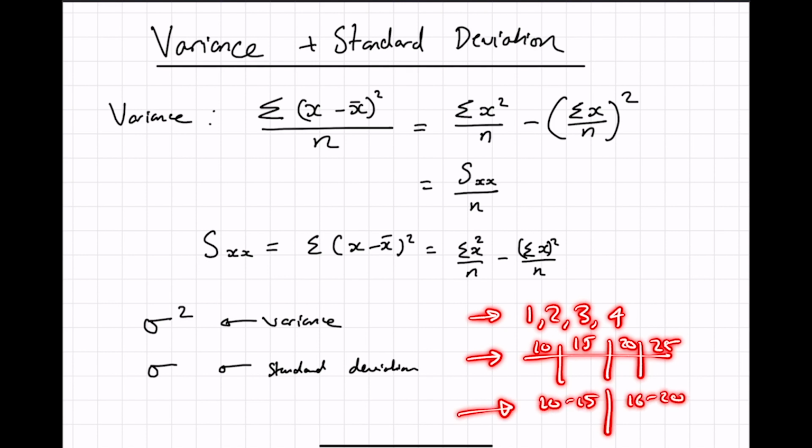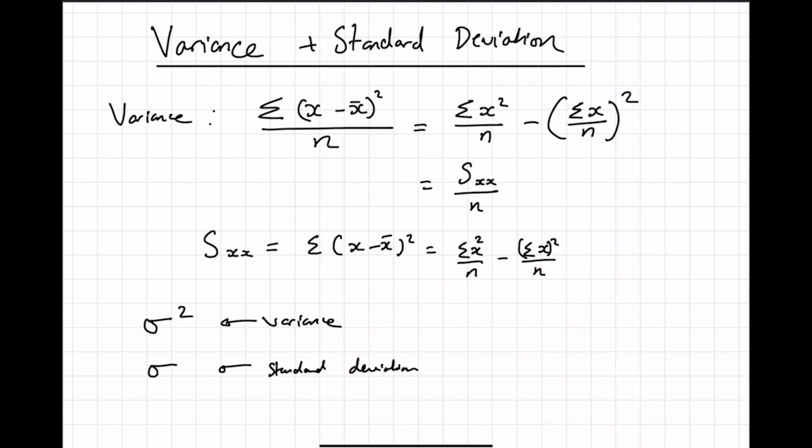So I'll give you these 3 examples for how to find the variance and the standard deviation. Hopefully that will get you a lot more familiar with the equations, because with the grouped frequency stuff, as you can imagine, we'll be putting a bunch of f's everywhere.